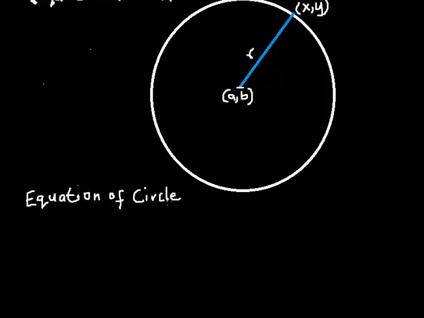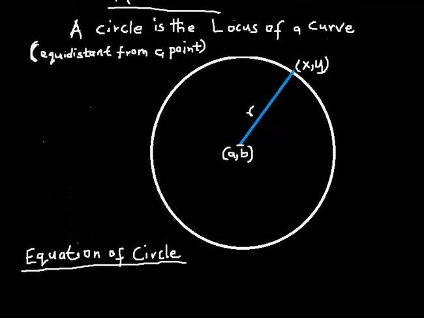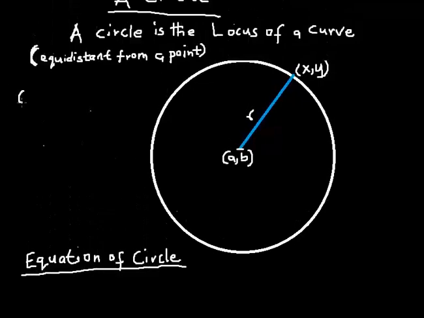Before we derive the formula for the equation of a circle, let's take note that a comma b is the coordinate of the center of the circle.